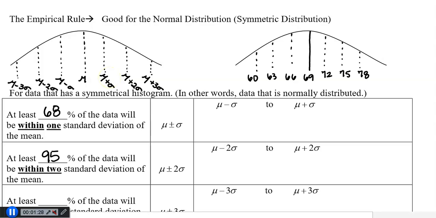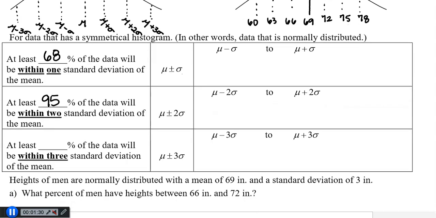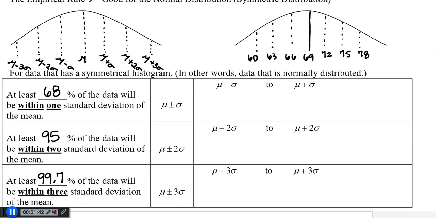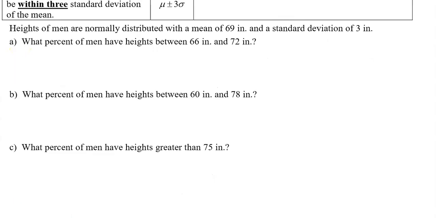If we continue to go on, the empirical rule says that at least 99.7% of the data will be within three standard deviations of the mean. So if we subtract three standard deviations from the mean and add three standard deviations, we will have at least 99.7% of the data between those two values.